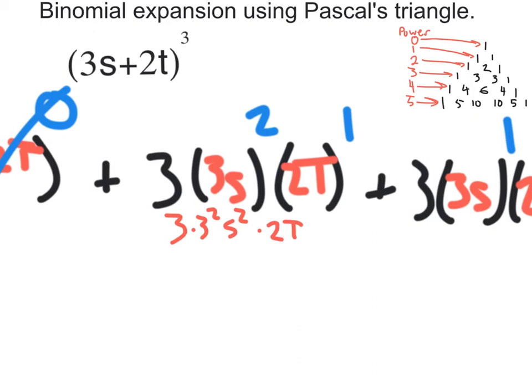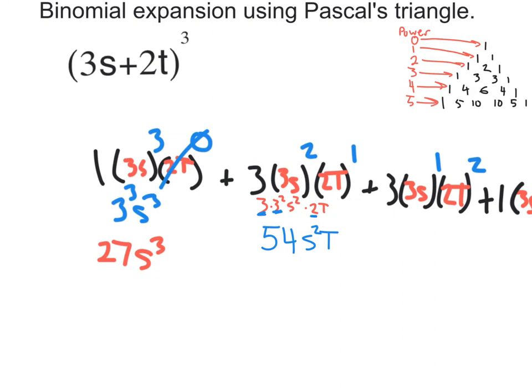And now all you have to do is multiply the 3 squared, which is 9, times 3, that's 27, and 27 times 2 is 54. So you end up with 54 s squared t. I hope everybody's following along here. So that's my second term.